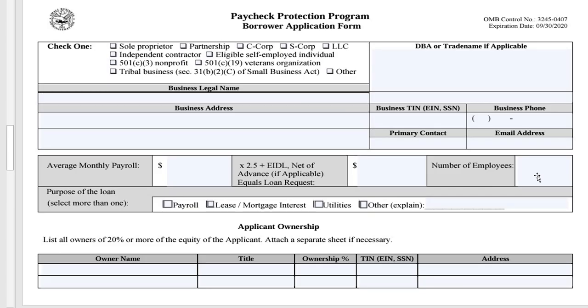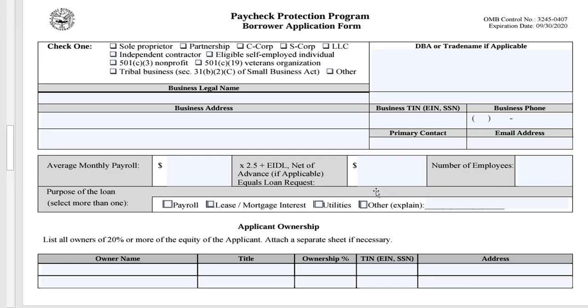In no version whatsoever, none of the subsequent 9 total versions or variations of this first draw PPP application form, the 2483 form with OMB control number 3245-0407, does the SBA ever clarify or even reference the number of employees box.